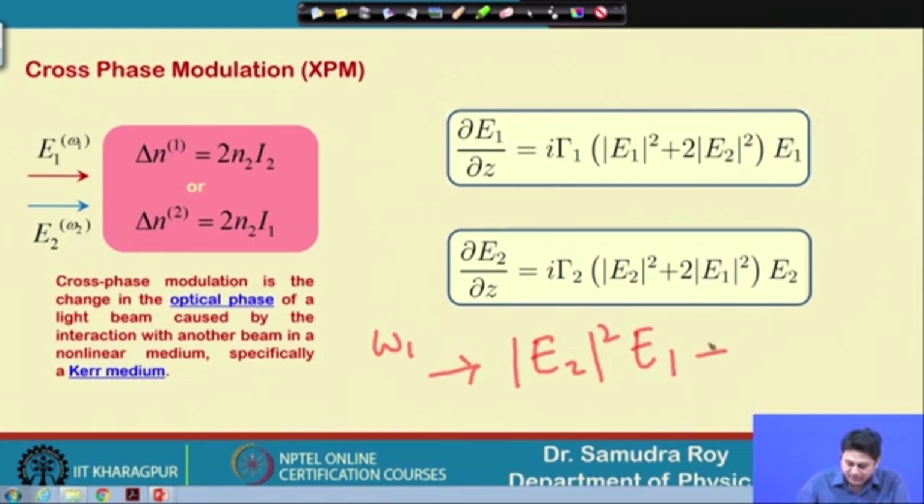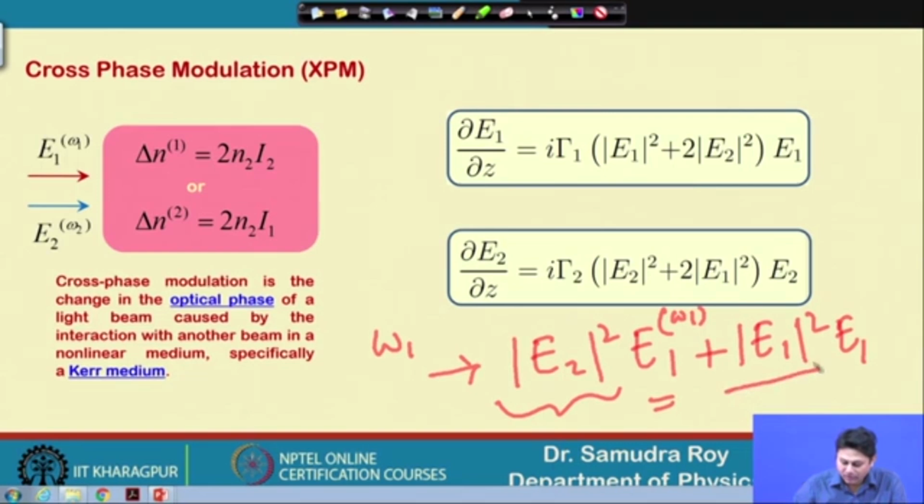On top of that there is the self phase modulation term, |E1|^2 E1. The modulus squared terms do not carry any frequency, but the E1 term again gives rise to the frequency omega 1. So this entire term has a frequency component of omega 1.